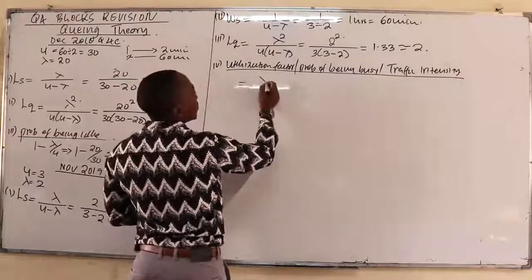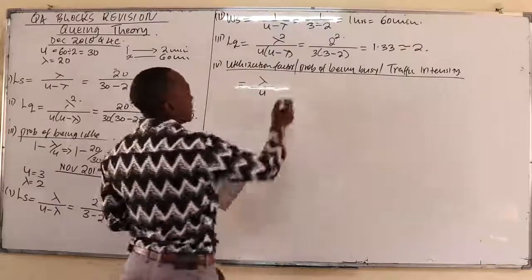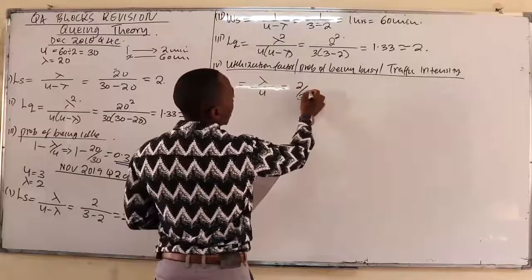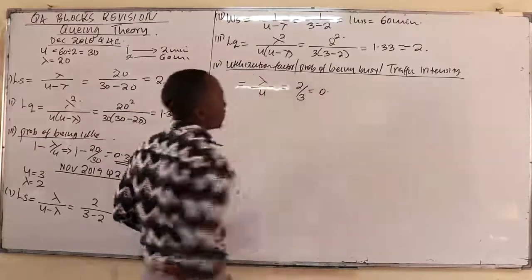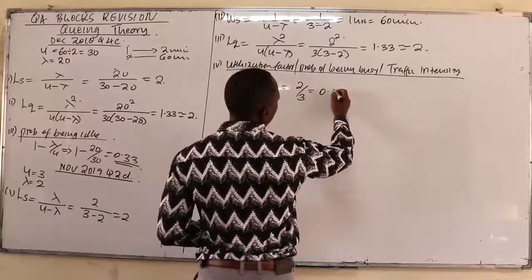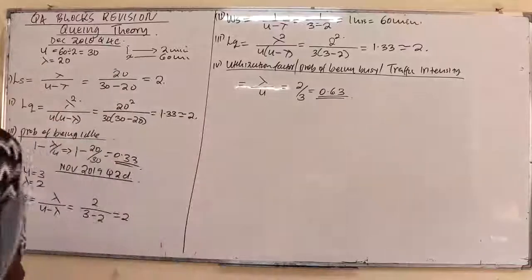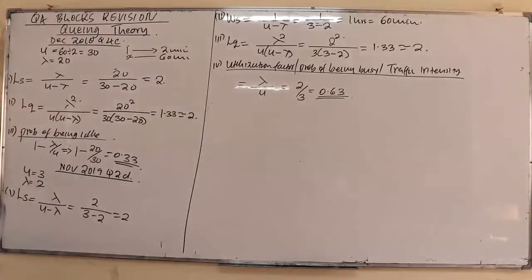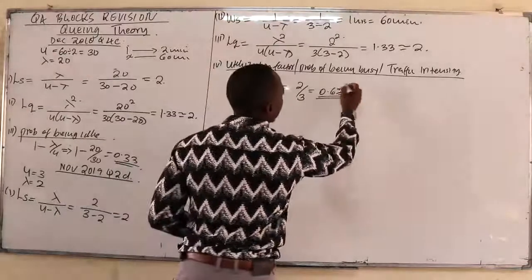In this case, you take the arrival rate over the service rate, which is 2 over 3, and you get 0.67.